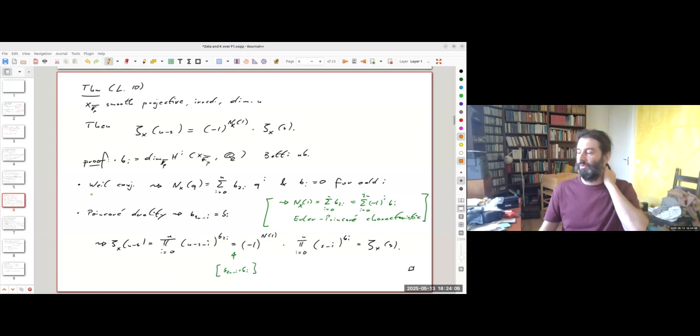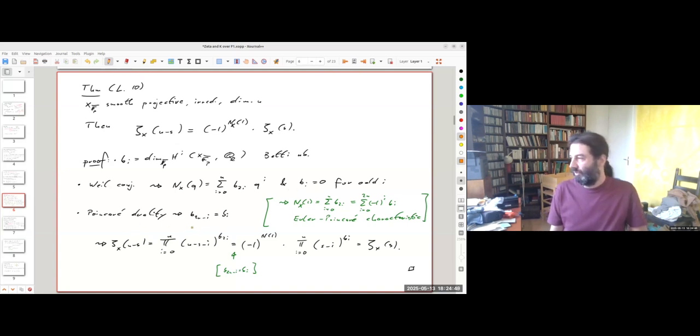And then under the given assumptions, I can use the Weil conjectures, which basically imply here that the variety is pure and the coefficients of the counting polynomial are precisely the Betti numbers. I'm assuming this counting polynomial exists, of course. This is a standing assumption at the moment. Otherwise, this wouldn't be true. So the even Betti numbers occur in the counting polynomial. The odd Betti numbers are 0 because our variety is pure.